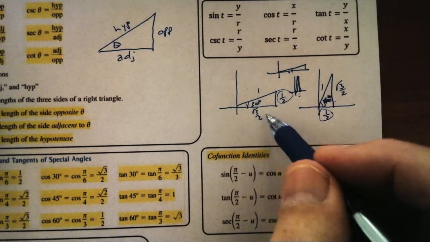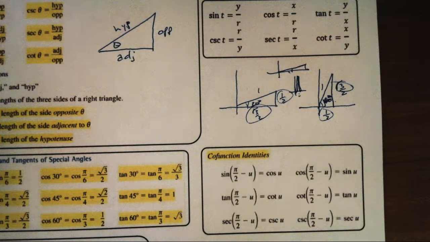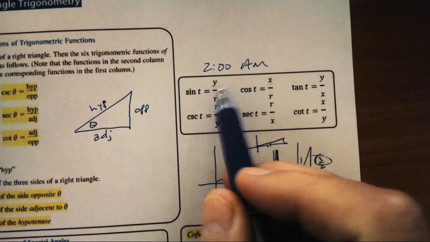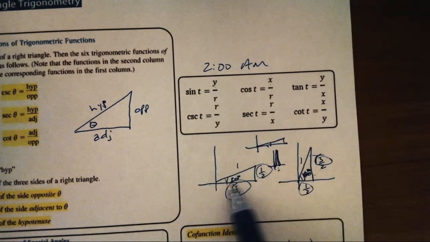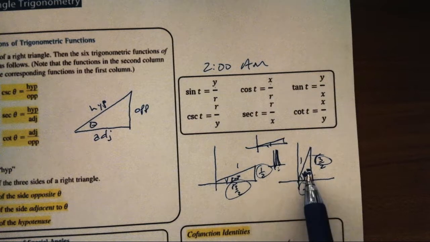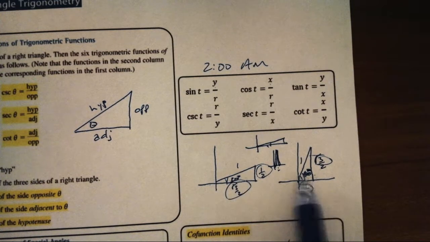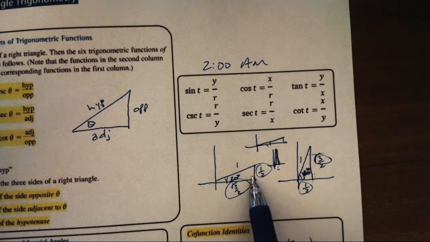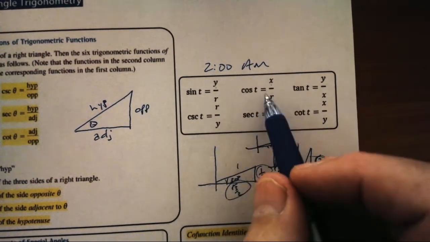What was a y value becomes an x value. That's what cofunctions do. Sine, what was y, and cosine becomes x. That would represent this flipping and spinning, and that would represent our complementary angles. The triangles that are just spun around, complements in a right triangle, congruencies.